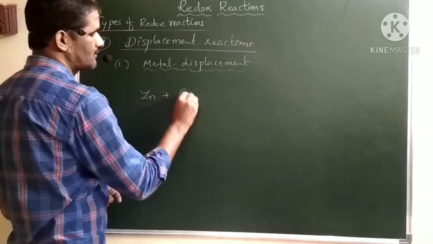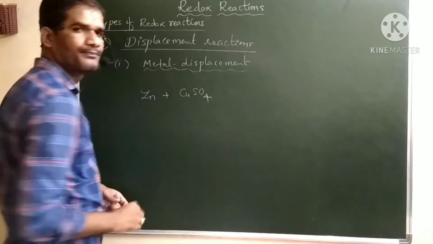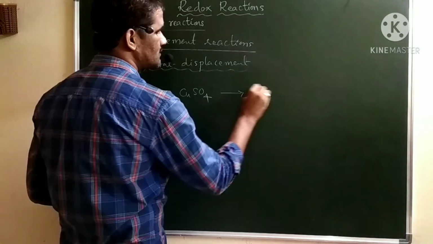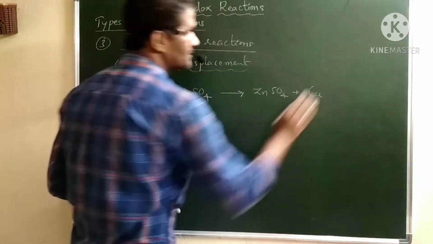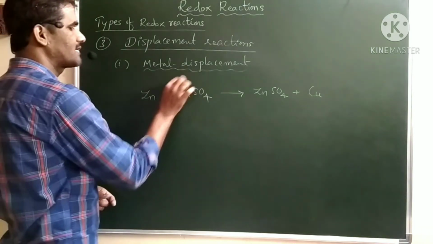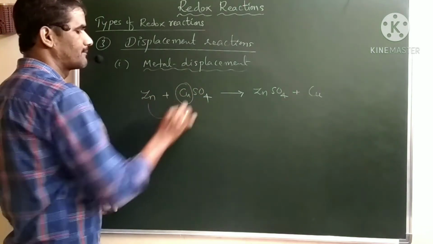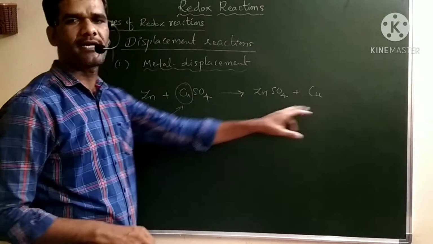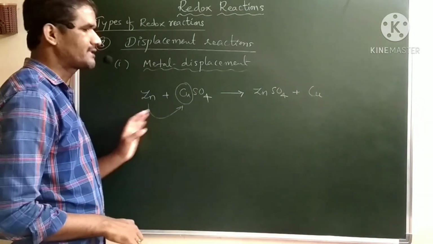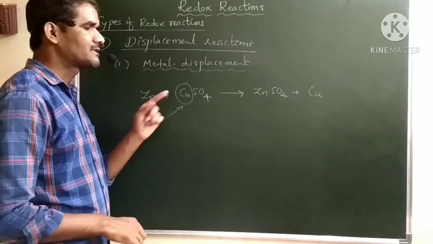Zinc, if you treat it with copper sulfate, then it will form zinc sulfate plus copper. So in this reaction, what happened? This copper is displaced by this zinc. Here zinc displaces the copper and it will form zinc sulfate and copper. So this is an example of a metal displacement reaction.